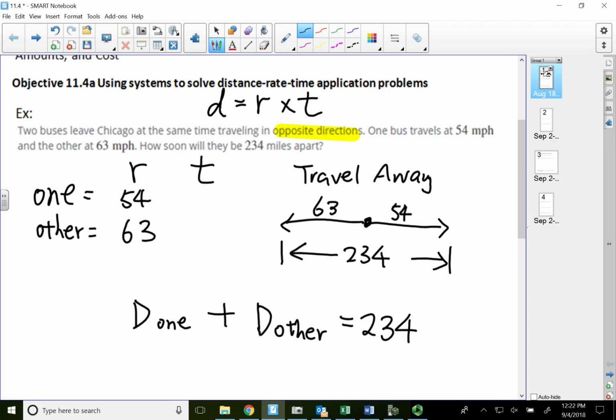Since they left at the same time, after so many hours, they will be 234 miles apart. So that means both of them actually travel the same amount of time. If I use two different variables, I will call the time for one bus x, and we can say the time for the other bus will be y.